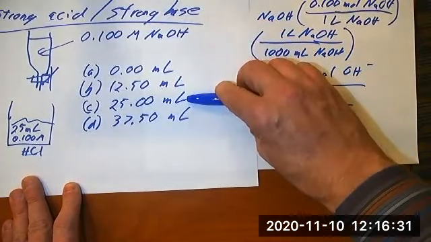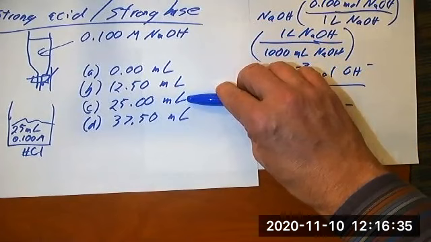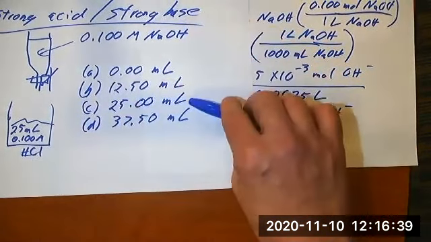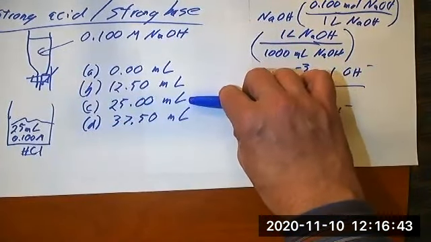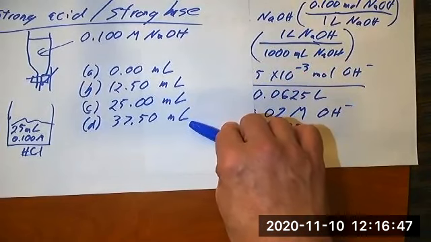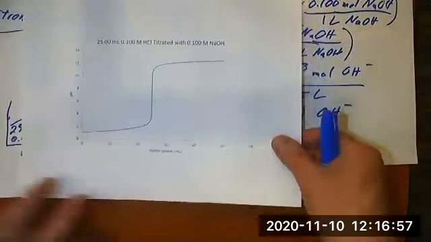In case C, we recognize that we've reached the equivalence point, where there's the same amount of hydroxide and hydrochloric acid, so we can immediately write down that the pH is 7. And in the last case, we had to go through the hydroxide because there was more hydroxide than hydronium. So that's why I picked those particular values to look at. But we could have picked any values we wanted.